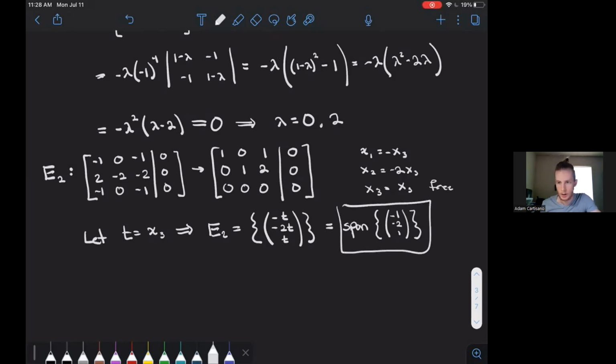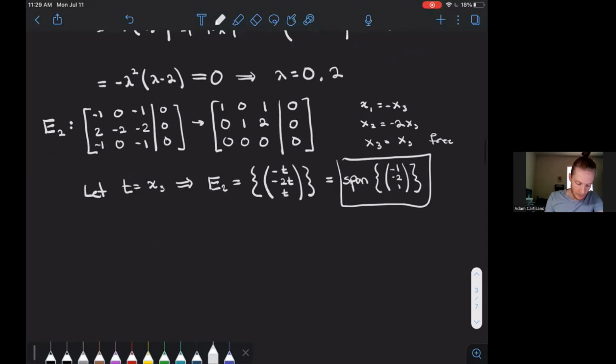Some people, just like we were clearing denominators, like to have the leading value equal to 1, in which case you could multiply through by a -1, and it would be 1, 2, -1. You're welcome to do that on an exam if you like how that looks better. I prefer the method of minimal effort.